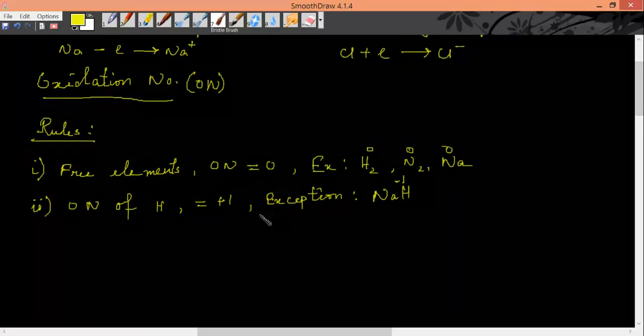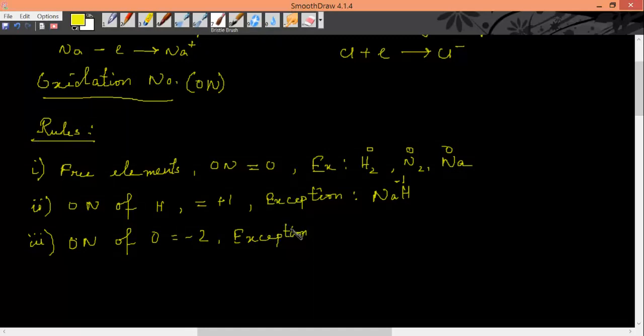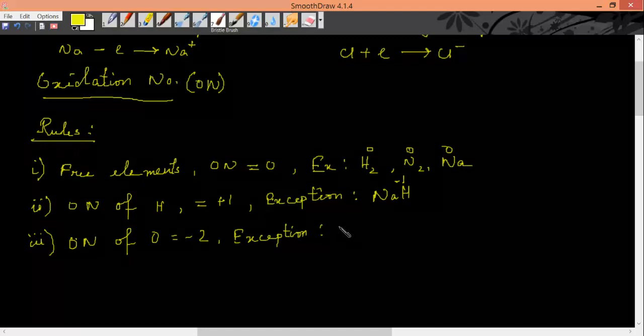Now rule 3 is oxidation number of oxygen in any compound is usually minus 2, and exceptions are peroxide compounds like H2O2.